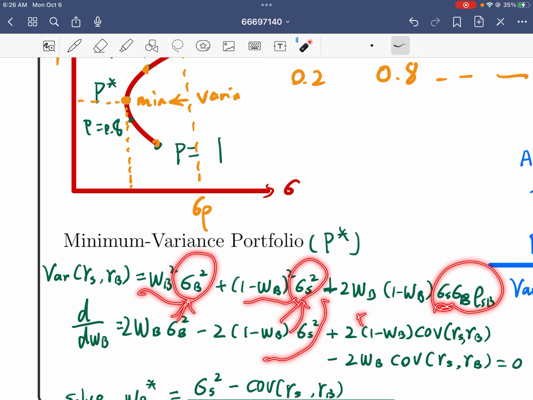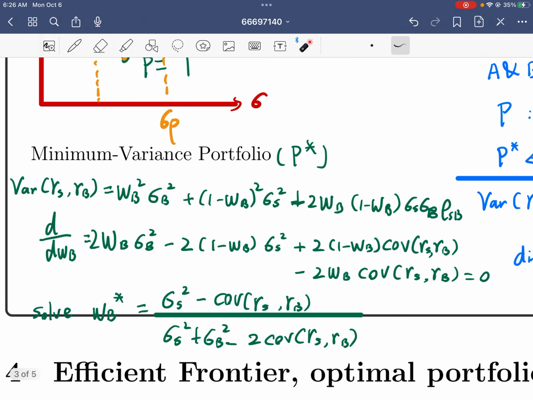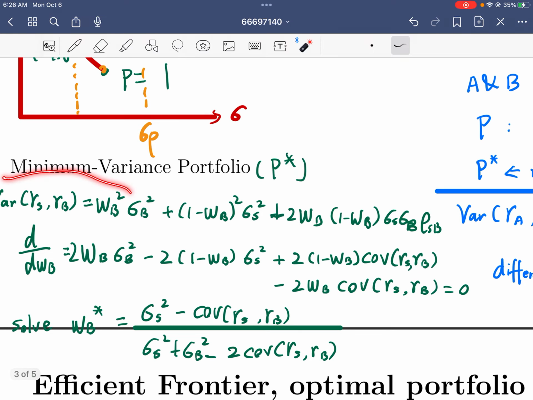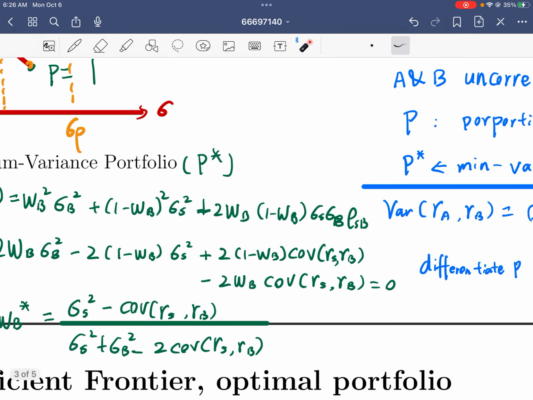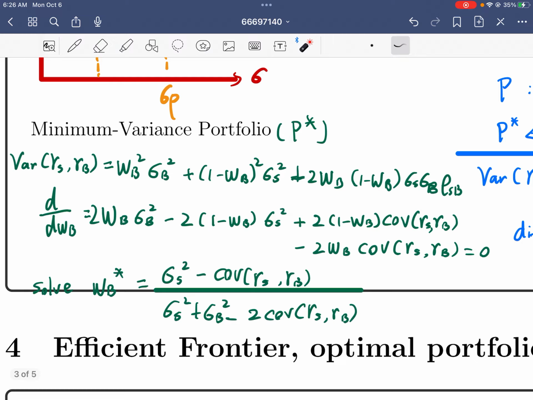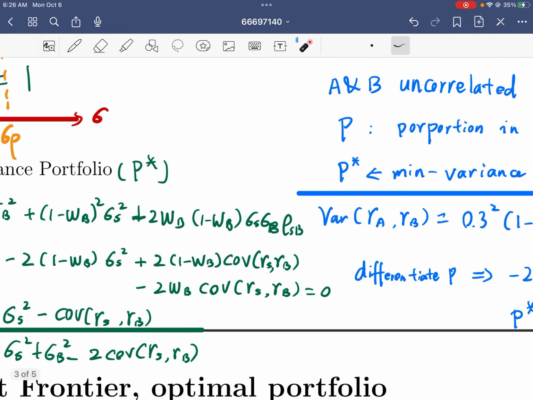The only thing we don't know is the weight of bond. So we differentiate this equation by weight of bond. We can solve this to get the weight of bond that gives us the portfolio with minimal variance, where the weight of stock is 1 subtract weight of bond.